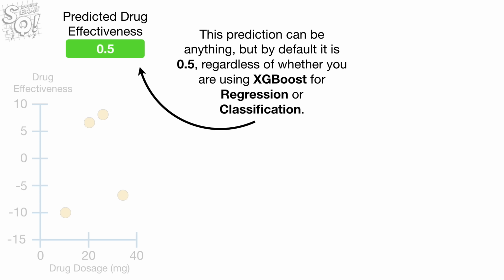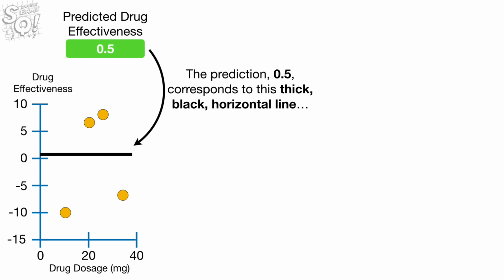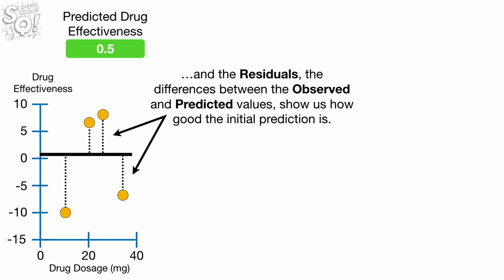This prediction can be anything, but by default, it is 0.5, regardless of whether you're using XGBoost for regression or classification. The prediction, 0.5, corresponds to this thick black horizontal line. And the residuals, the differences between the observed and predicted values, show us how good the initial prediction is.